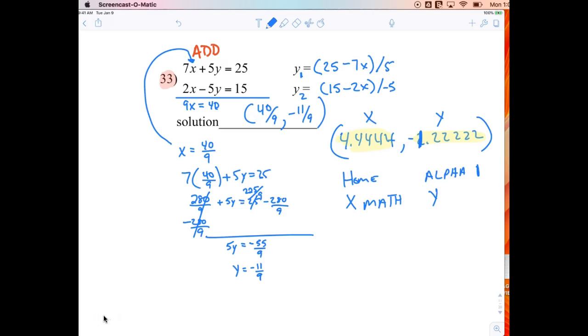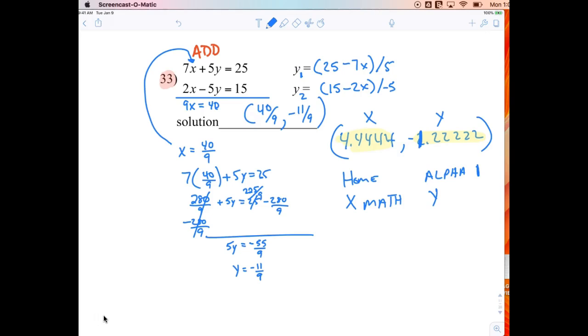Does that make sense? And then you hit math, enter, and it'll convert that to a fraction for you, so you can tell if you did it right. Did you see what I did? Alpha, then 1, because the 1 is the y value. And then hit math, enter, and that will change it to a fraction for you. Does everybody agree with that?